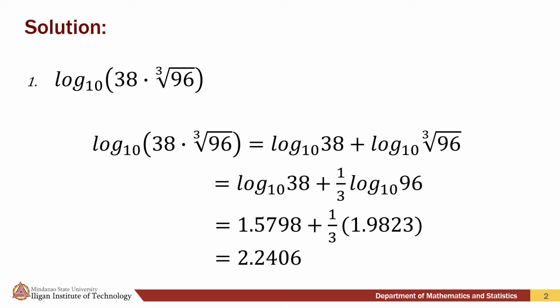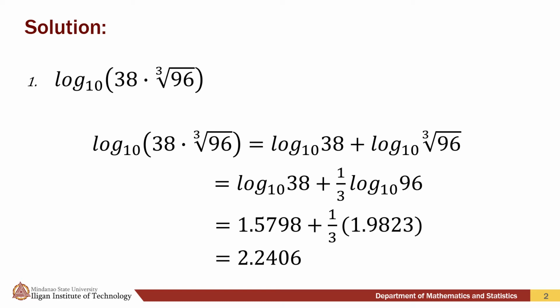Now here's the solution for the logarithm of 38 times cube root of 96 to the base 10. The logarithm of 38 times the cube root of 96 to the base 10 can be rewritten as the logarithm of 38 to the base 10 plus the logarithm of the cube root of 96 to the base 10. Now, the logarithm of the cube root of 96 to the base 10 can be rewritten as 1/3 times the logarithm of 96 to the base 10.